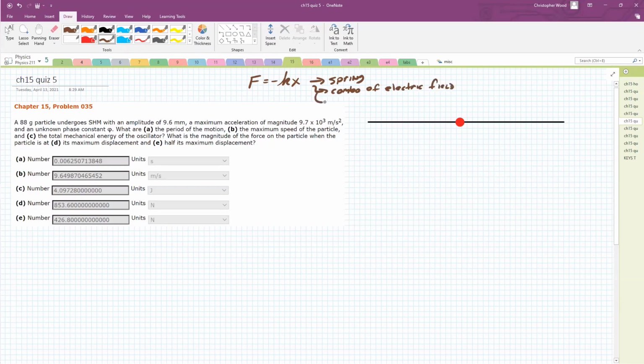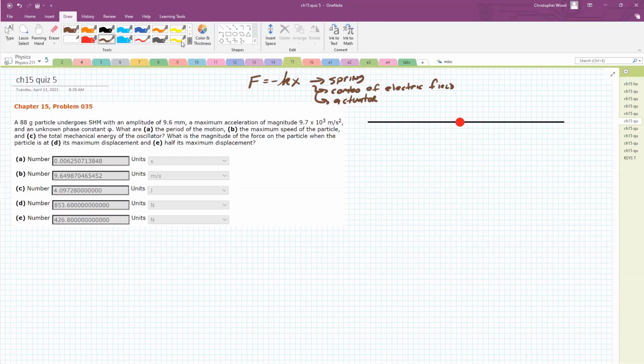Maybe you have an actuator, which is basically a device that pushes and pulls, somehow behaving according to F equals minus kx, because it's not mentioning anything about a spring. So there's my visual.